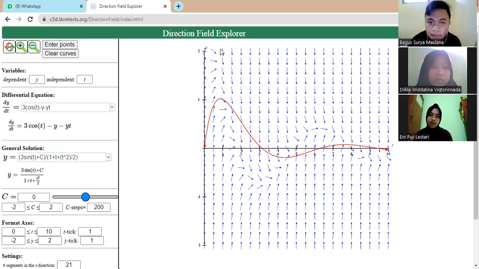But in other places there is some gradient, and it follows this graph. So I think that's all for this calculator and our presentation. If you want to find the direction field from a differential equation, you can just access this website and put in the differential equation, the general solution, and the other requirements. I think that's my explanation.